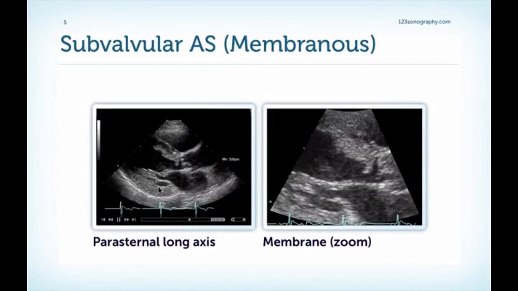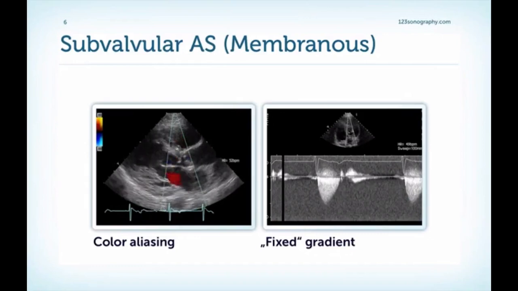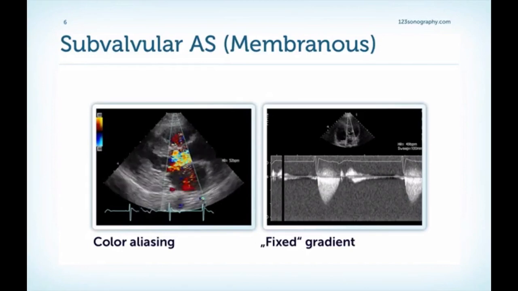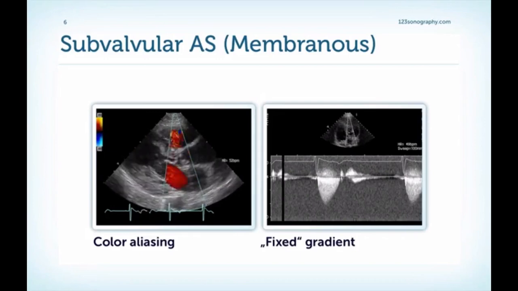to the increased afterload. Here again on the left side in the parasternal long axis view, you can see the color aliasing caused by the turbulences of the membrane and the stenosis. And on the right side in Doppler, we can appreciate the fixed gradient caused by the membranous stenosis.